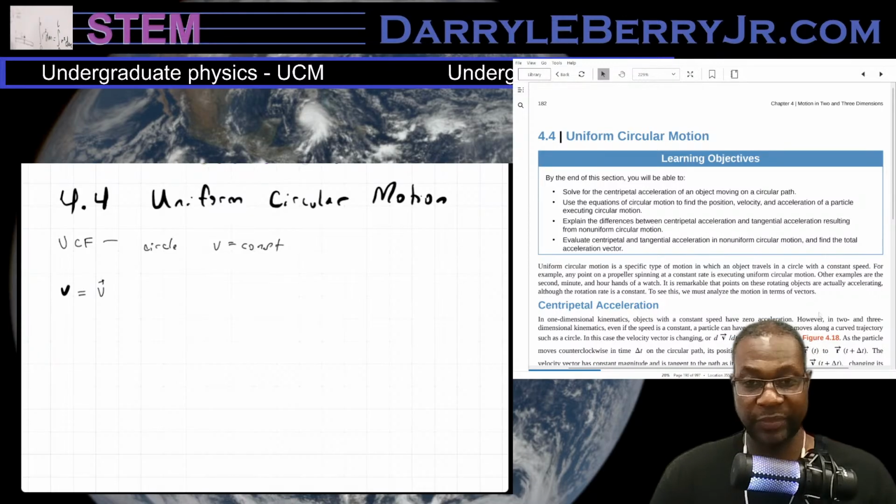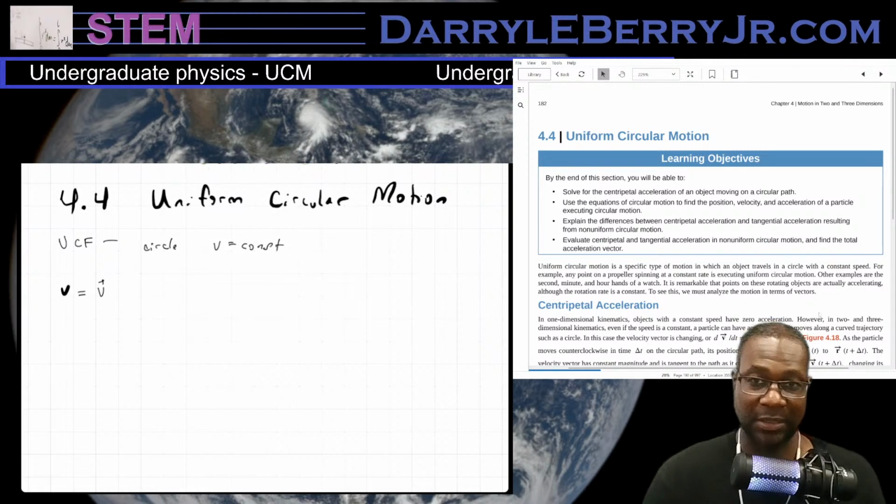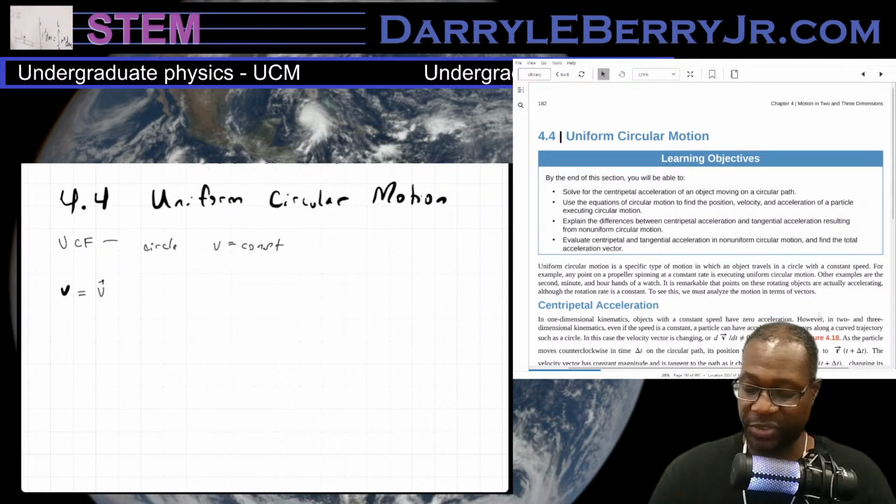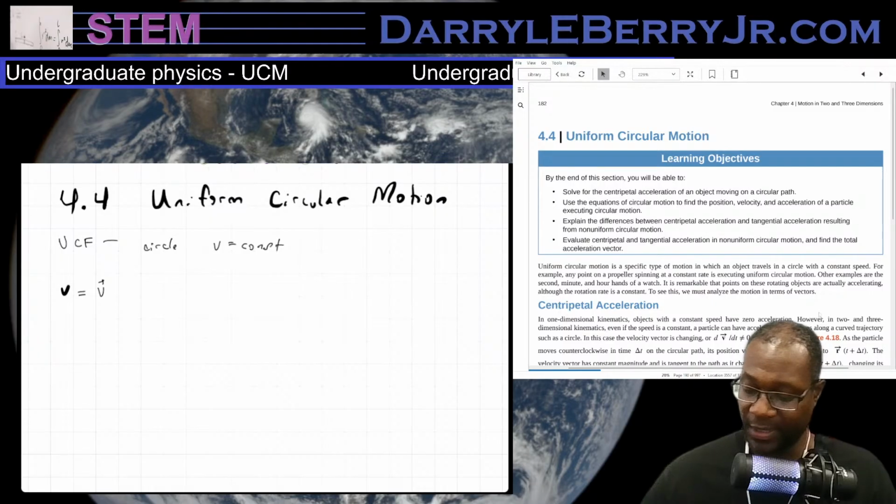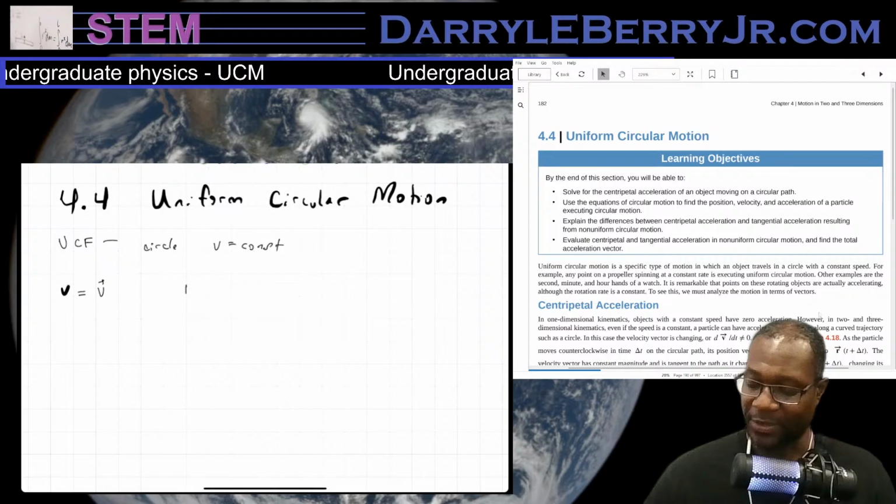If you see a bold V, I'm going with the vector notation, so that's a vector. And speed, by these double bars, I mean the magnitude.